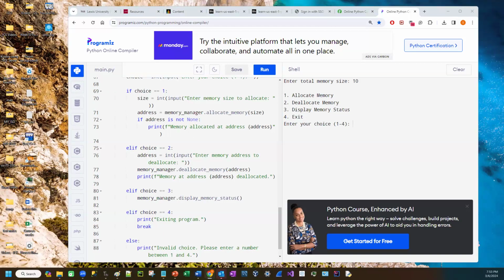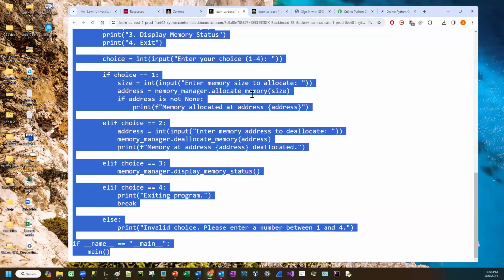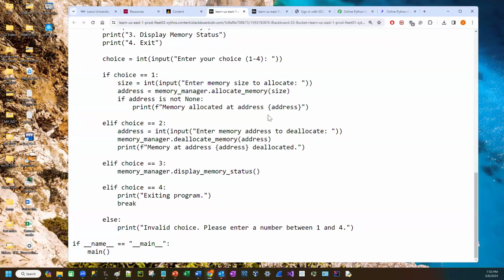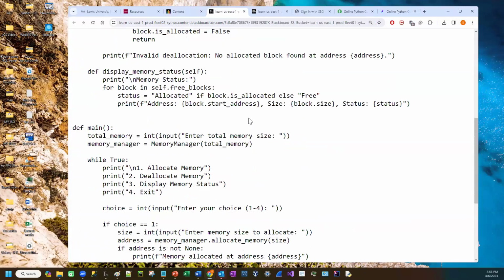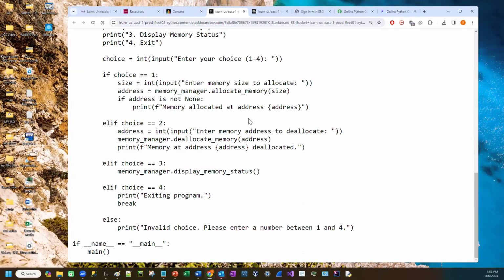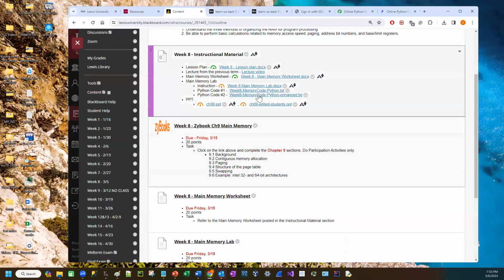So I wanted to show you. This is not a coding class, so I didn't want to spend a lot of time going over the details. If you are interested, you can look over the codes and try to figure things out. But this is a really basic program, and the actual RAM code they use for Windows 11 or Linux or whatever is much more complicated and diverse. But I wanted you to give it a try.